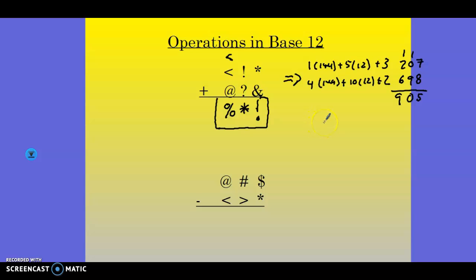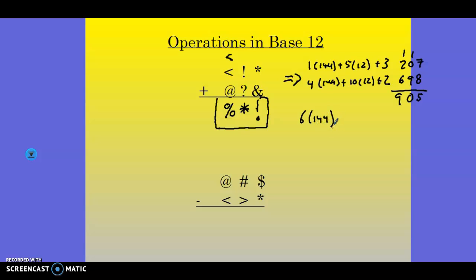And convert 905 back to base 12. So 905 has 6 144s.